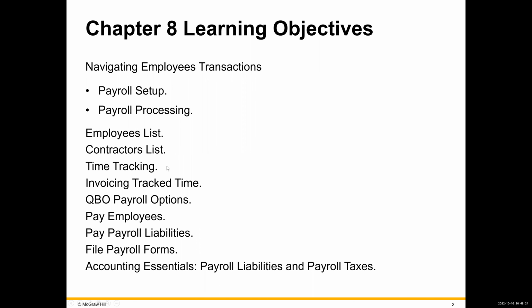And we'll show how we can use that time to invoice our customers. We'll also talk about some payroll options that QuickBooks Online offers. Talk a little bit about paying employees, paying our payroll liabilities, and be able to use QuickBooks Online to file our payroll forms.